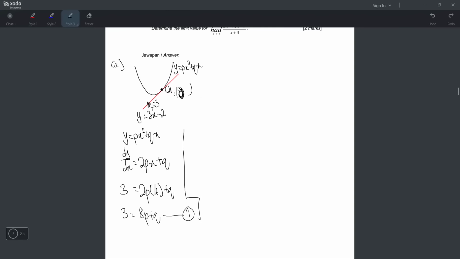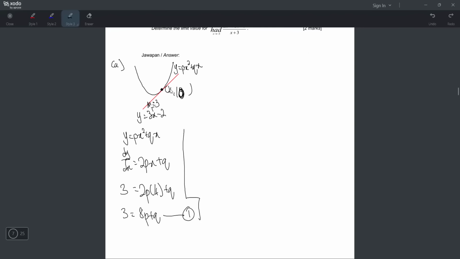You remember just now there is a point that passes through the tangent line, (4, 10), right? I found the 10 by subbing the 4 into the line equation. But this point also passes through the curve. That means I can sub the (4, 10) into the curve equation also, and that's how you get the second equation. So when you sub in, you get 10 equals px squared plus qx, with x subbed with 4.